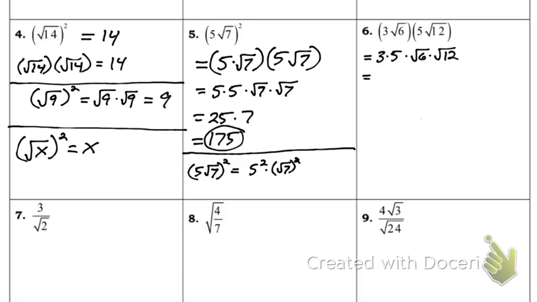Well, 3 times 5 is just 15. When you have a radical being multiplied by another radical, and they're not the same, we have square root of 6 and square root of 12, we can rewrite both of those underneath one radical. So I can rewrite this as, not 16, 6 times 12.